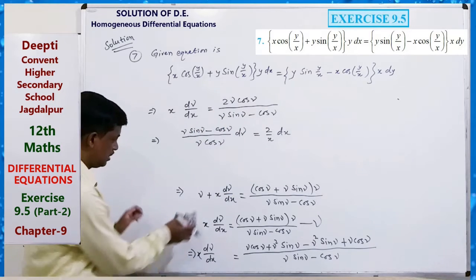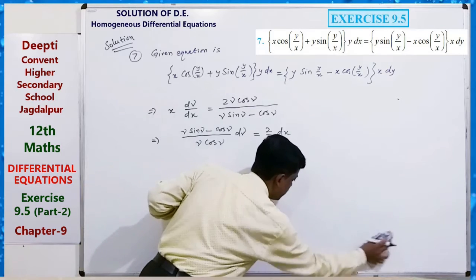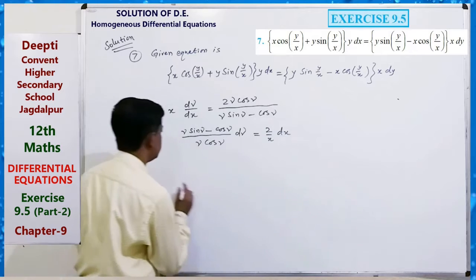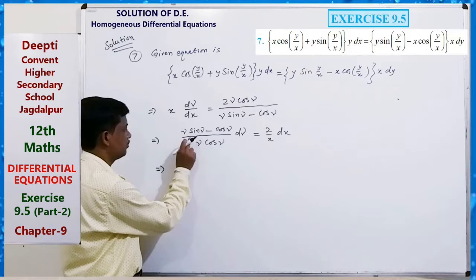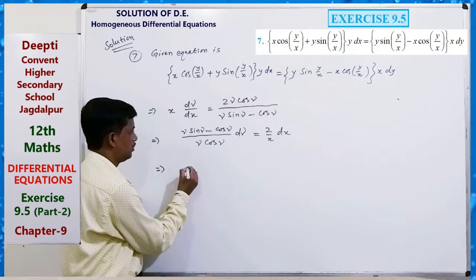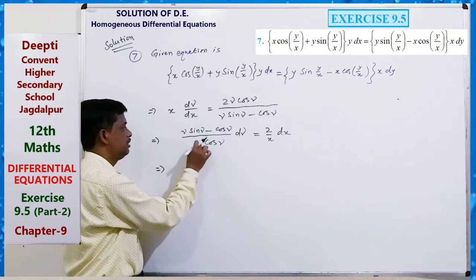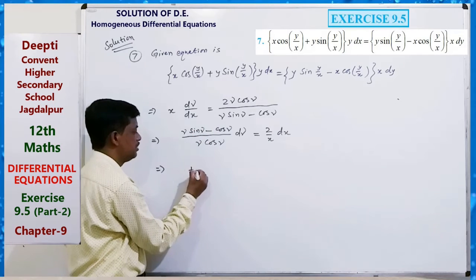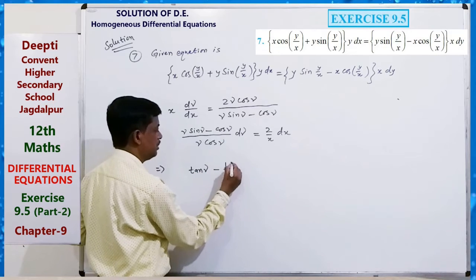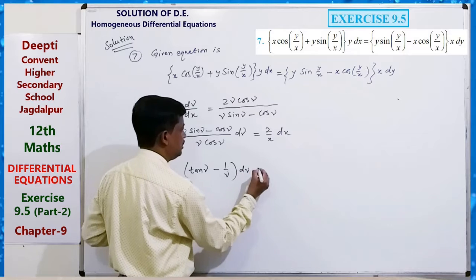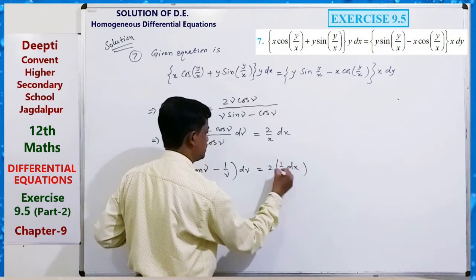Now integrating on both sides, if we divide, v cancels, sin by cos v means tan v. So tan v minus 1 by v with dv, and 2 times 1 by x dx.